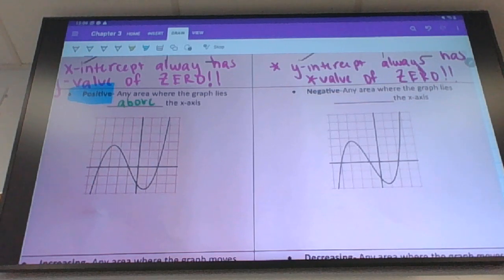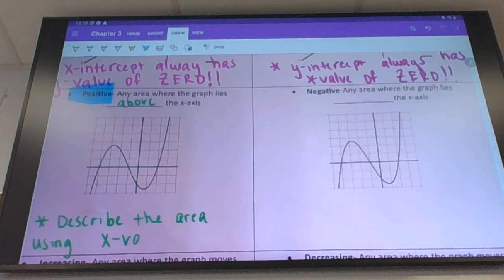So you describe it using the x value. That's what's difficult about it, is you describe it using x values.